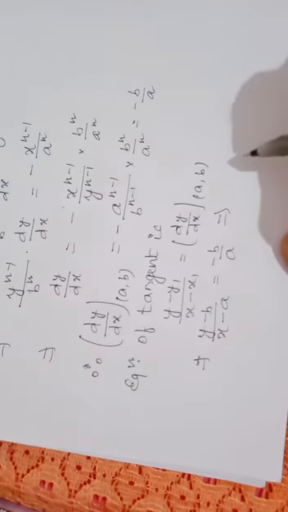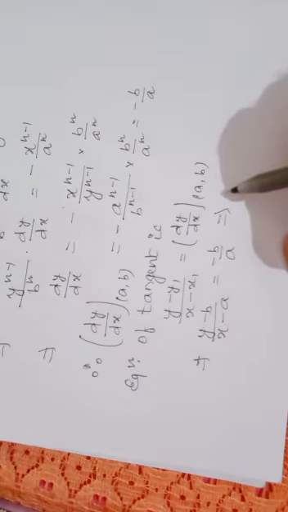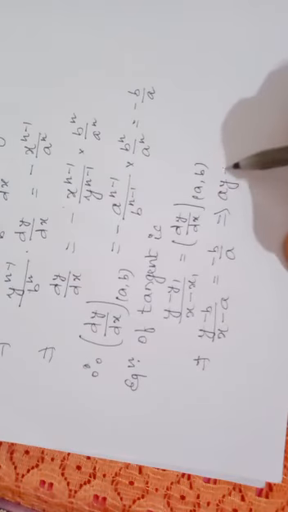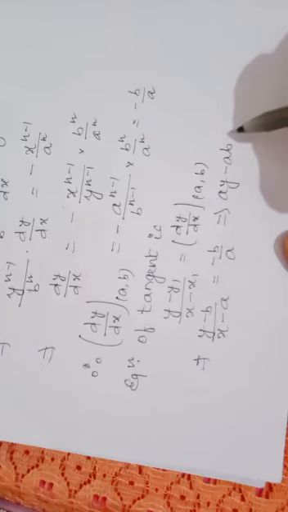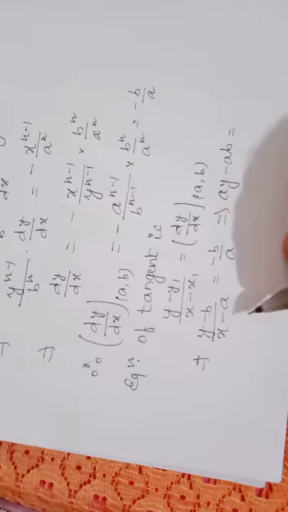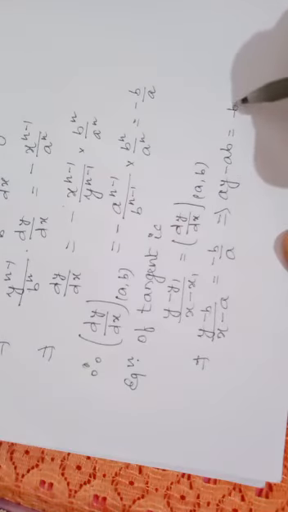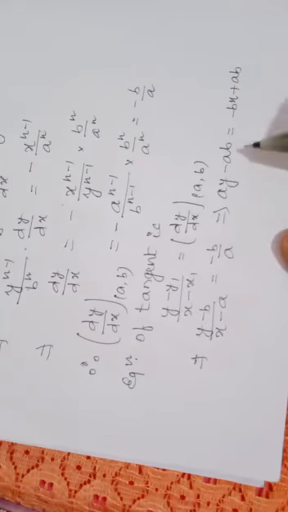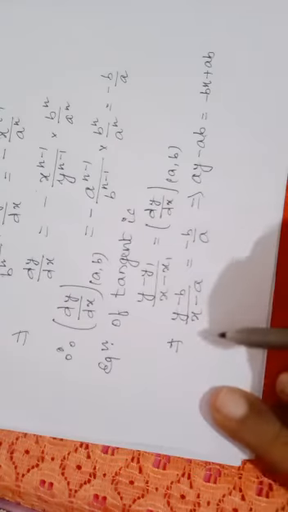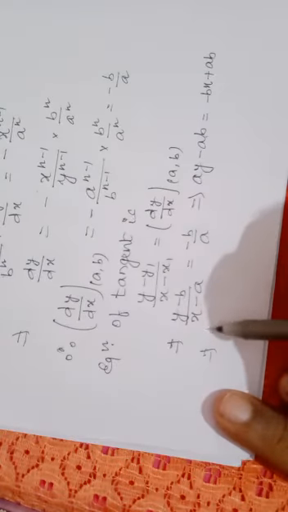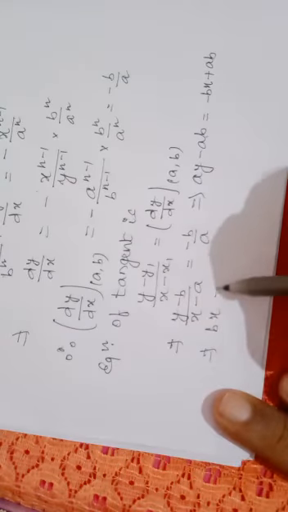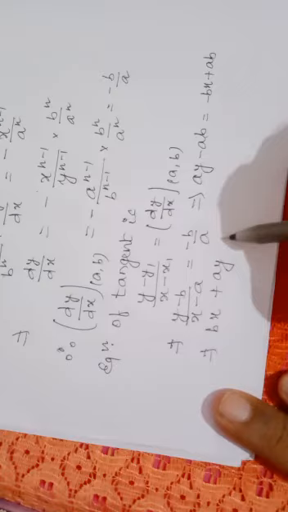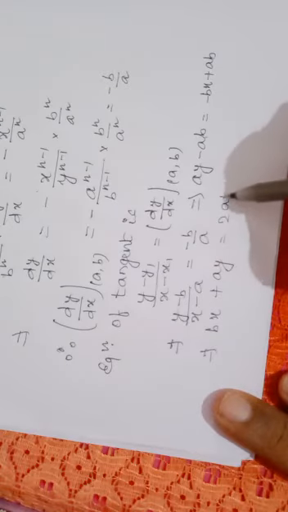By cross multiplication, we have ay - ab equals minus bx + ab. Now ab on the right side becomes positive, so we have bx + ay equals 2ab.